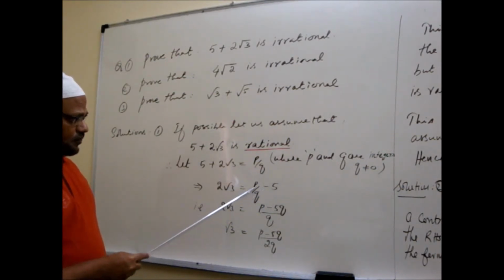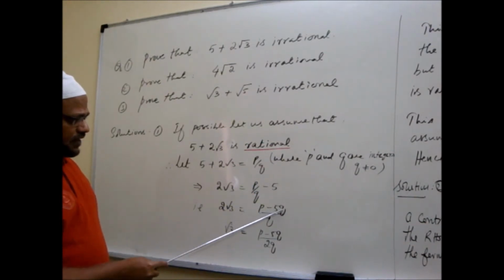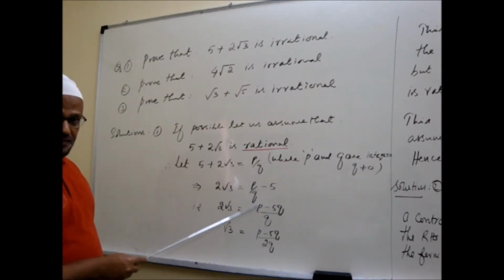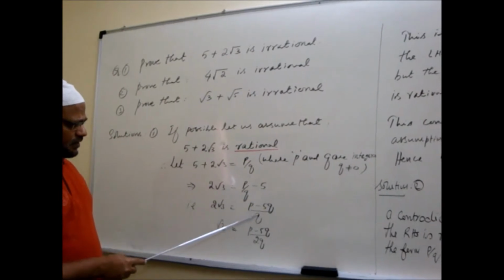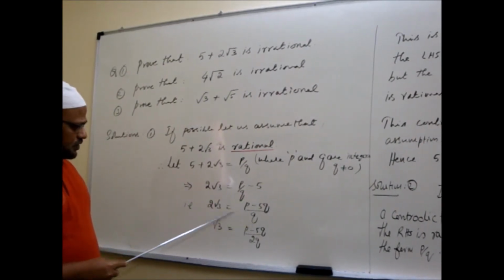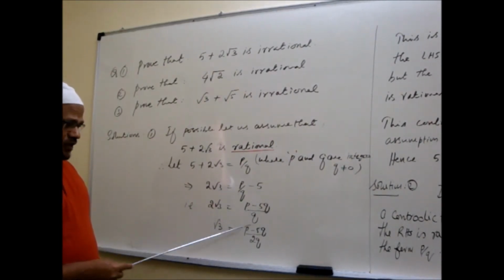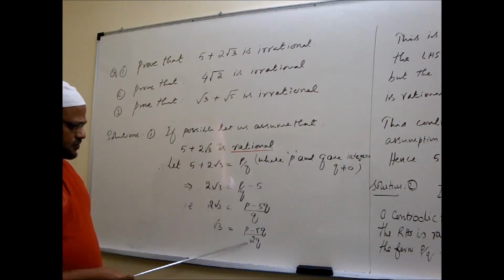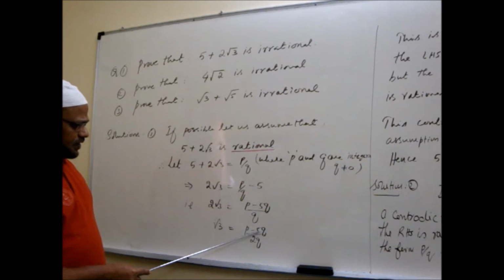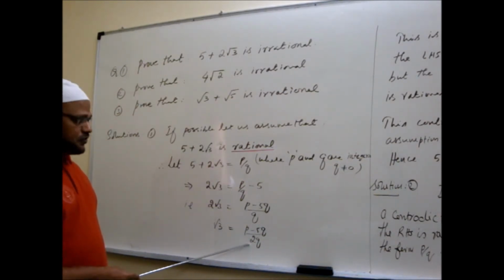So p minus 5q by q, taking LCM, multiplying here and putting the denominator q. Then you are transposing the 2 also. The 2 goes here. So you get root 3 is equal to p minus 5q by 2q.